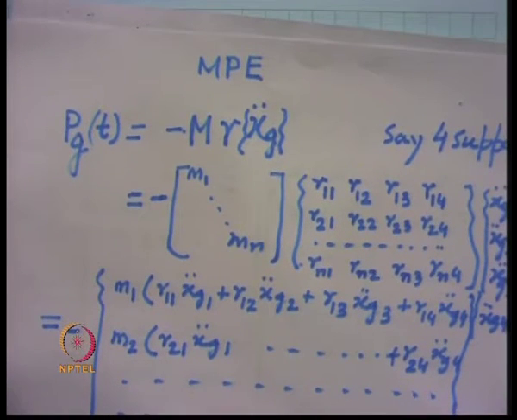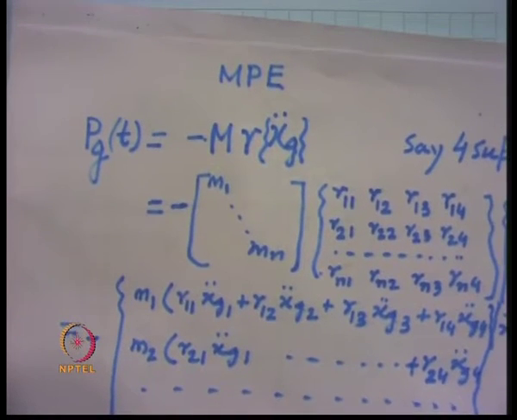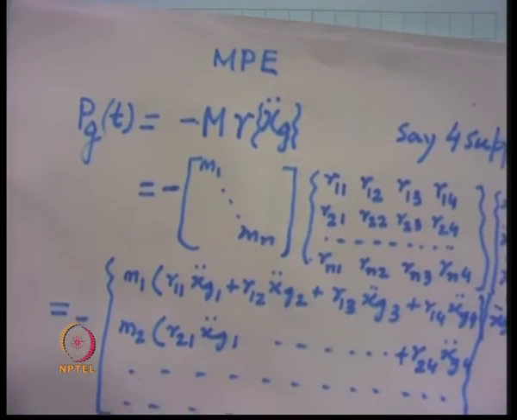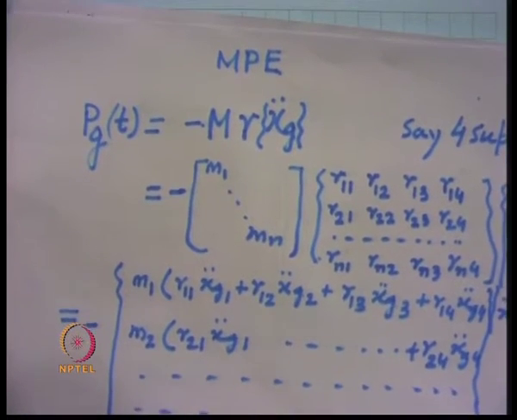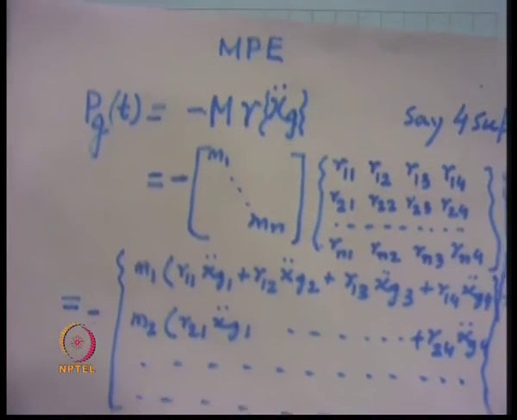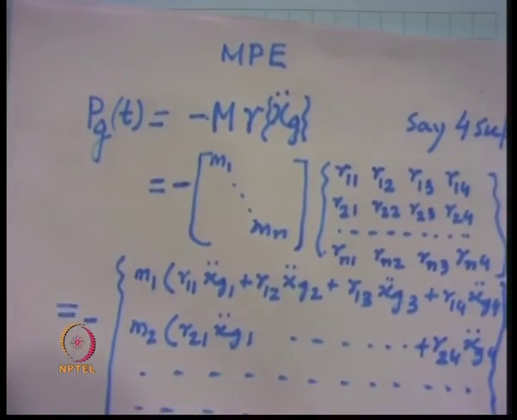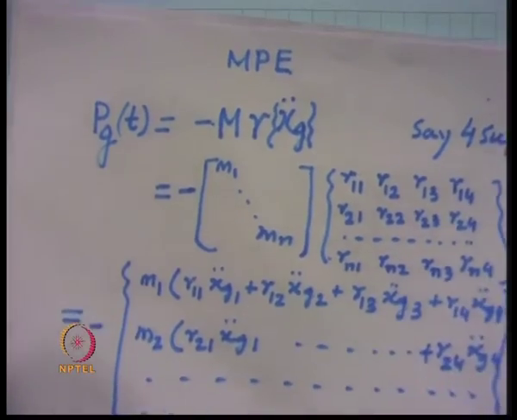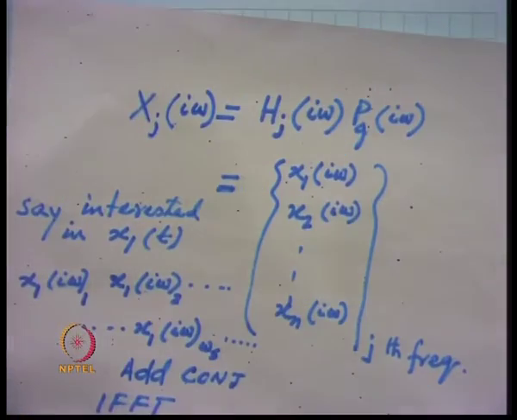Now, if we again go for a frequency domain analysis, then these n time histories ought to be Fourier synthesized, or the FFT algorithm is to be used for finding out the frequency contents of all these n time histories.